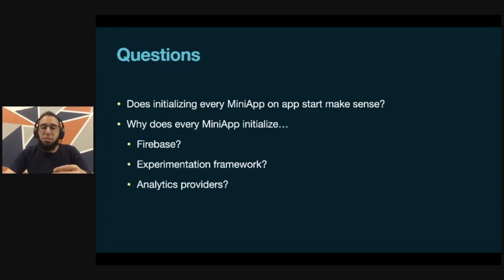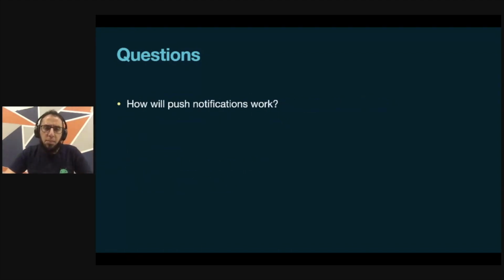If everybody's using Firebase, why initialize Firebase multiple times or Crashlytics multiple times, and so on and so forth? And how will push notifications work? If everyone is just registering to receive pushes, what will actually happen? Who will actually be allowed to handle a push in this case? And how do we handle things like deep linking?